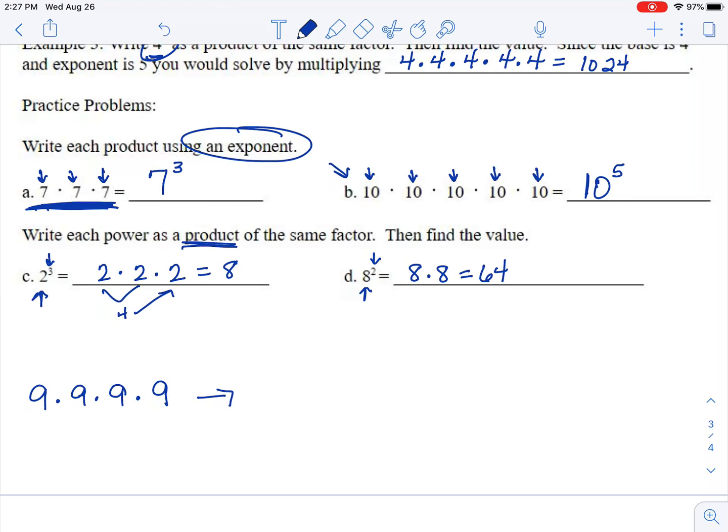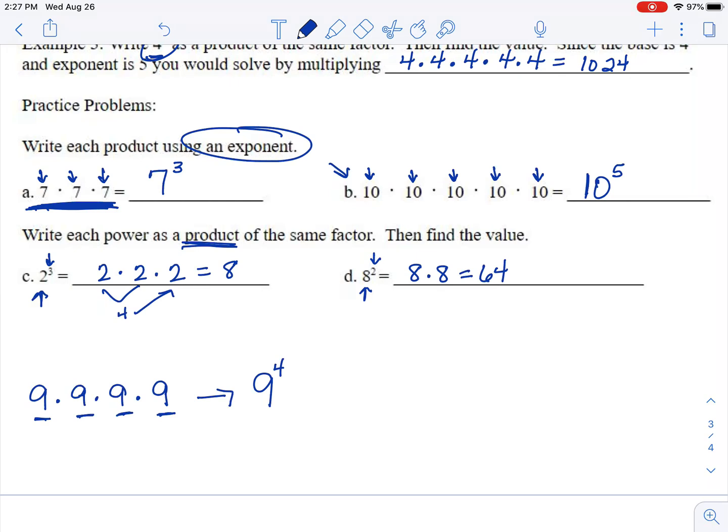So, what's being multiplied over and over and over again? The 9. So that's my base. That's my big number. How many 9's do I have? 1, 2, 3, 4. So 4 would be my exponent. So that's changing it to an exponent number.